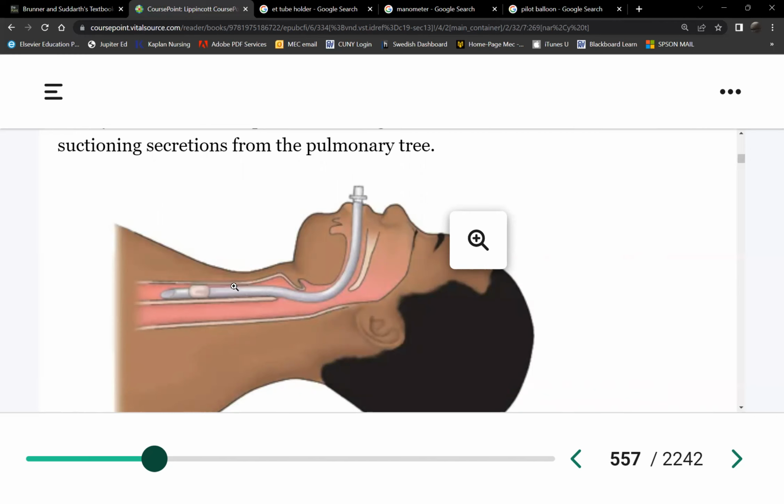If those secretions are 24, 36 hours old, we know what our mouth smells like when we wake up in the morning, and that's just 6, 8 hours of sleep. So what will happen if those secretions go into your lungs? Infection, pneumonia will result.